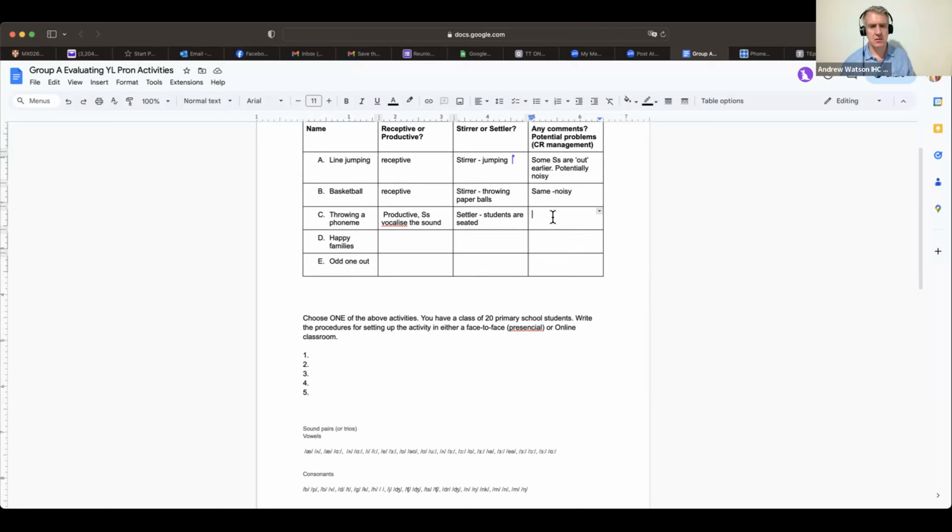Potential problems? A problem when they need to repeat after the teacher, that they make a mistake with the pronunciation.